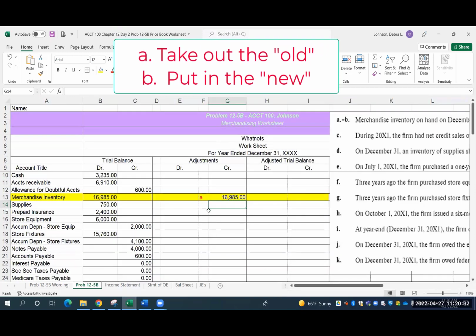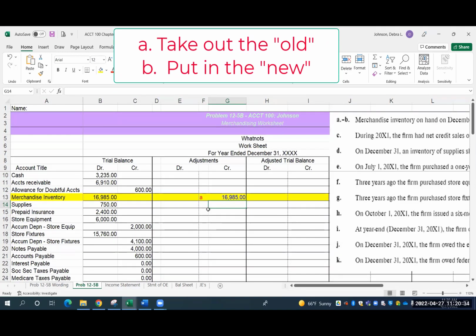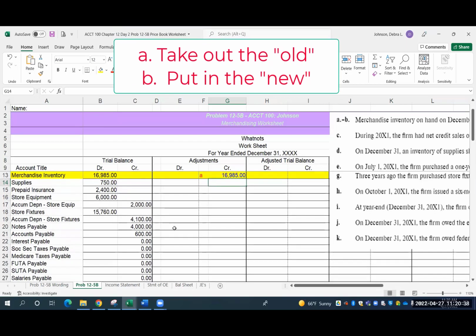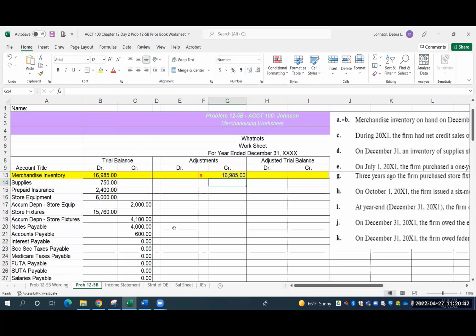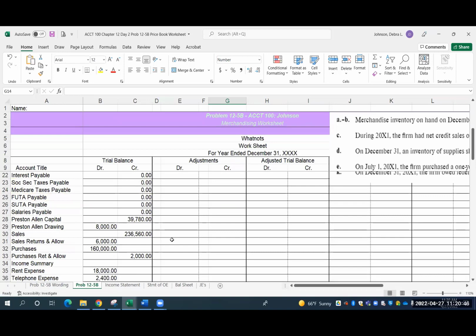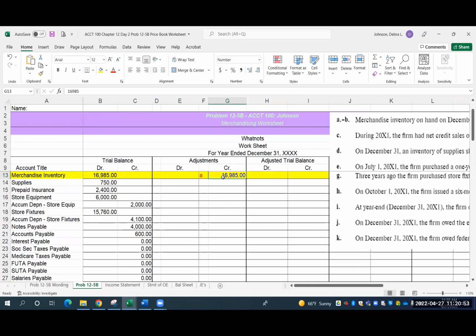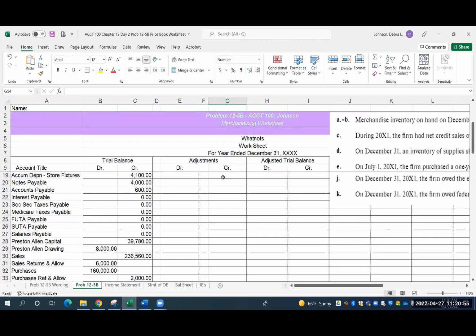Remember, I'm posting this after class. The offset is to that junk drawer account that we learned about way back in chapter 6. It was called income summary. So I'm going to go down here and find income summary for the same amount. I'm going to go grab it so I don't transpose a number, which I'm absolutely famous for doing.